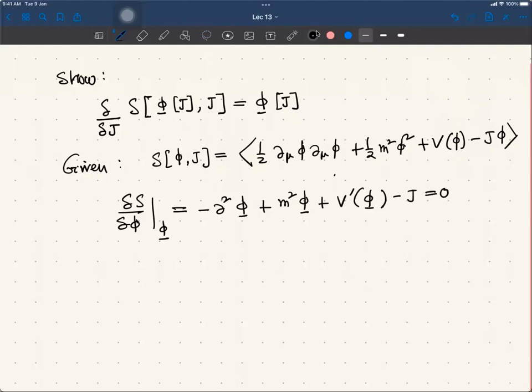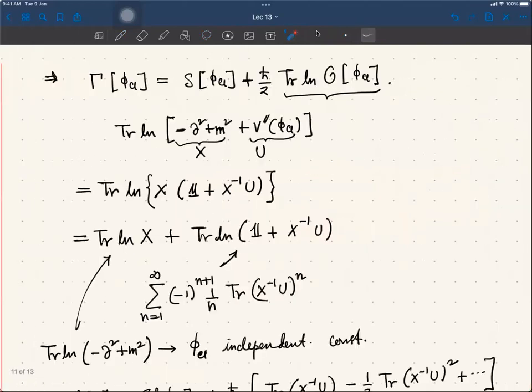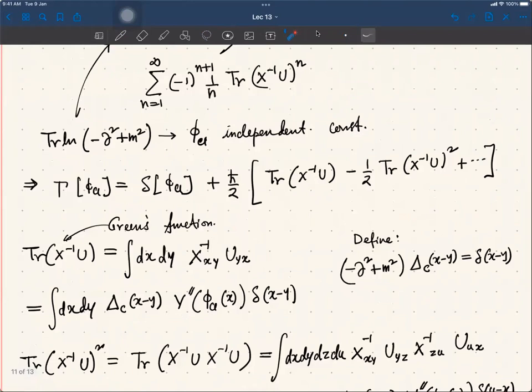So I have already posed the problem earlier. Let me repeat it again. This is the action and this is the equation of motion, and the solution is phi_bar. This can be solved using the Green's function method, where the Green's function is given by this delta_c here.